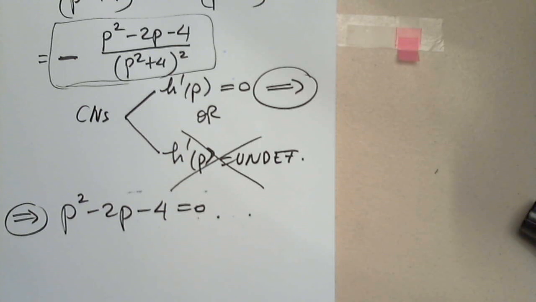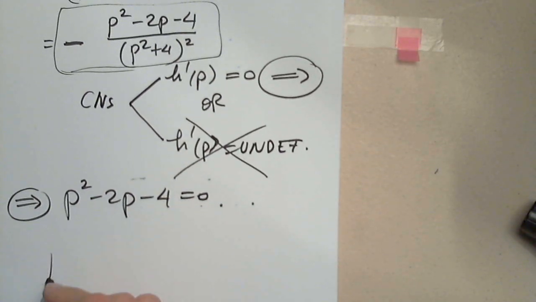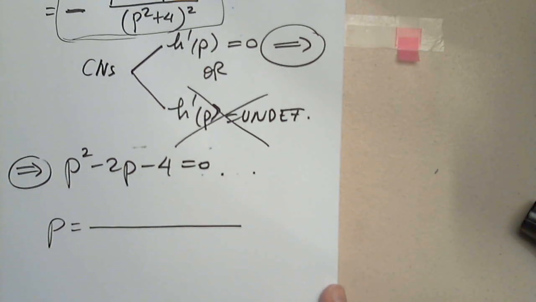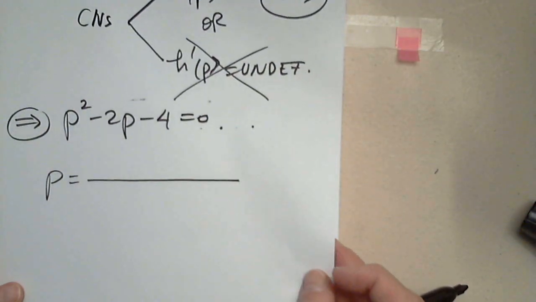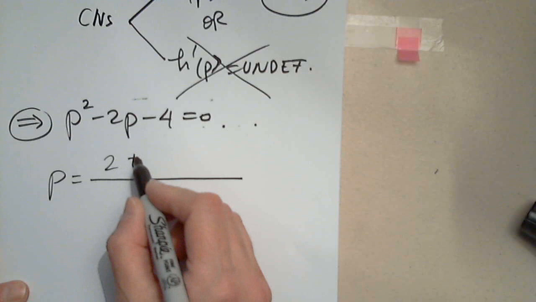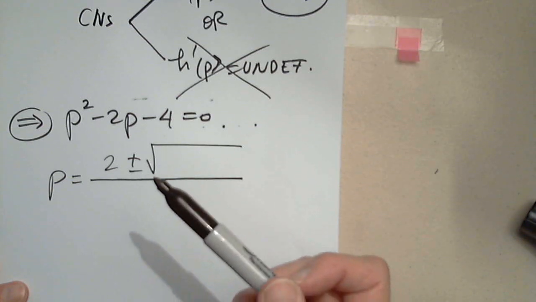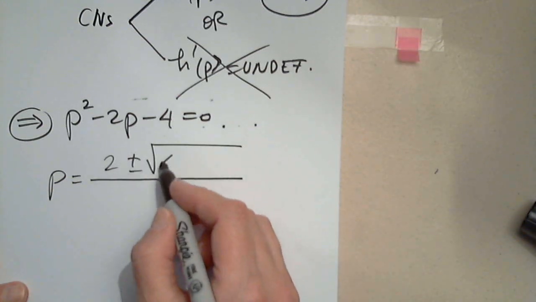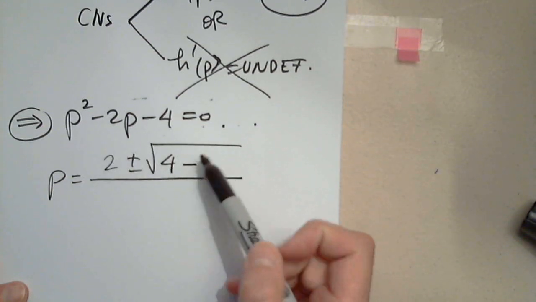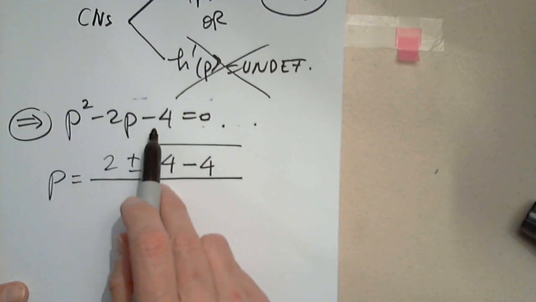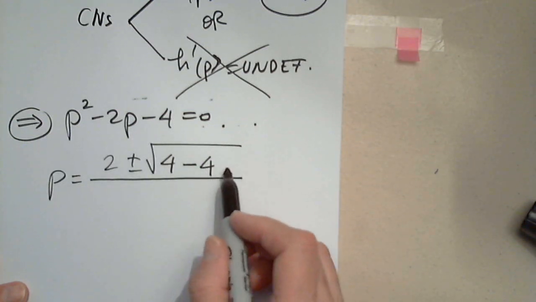So all I have to do is solve the equation. It's not factorable. My only hope is the quadratic formula. Negative b plus or minus the square root of b squared minus 4 times 1 times negative 4, over 2a. I don't like to put too many parentheses.